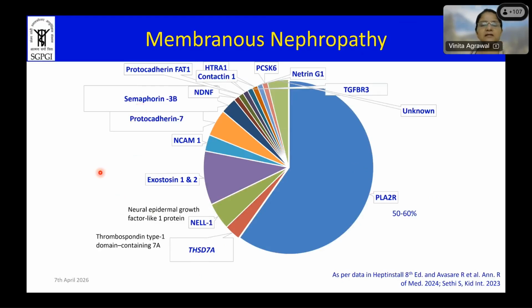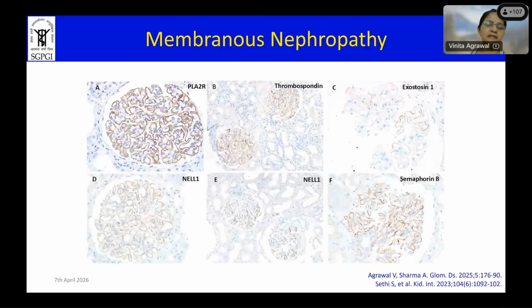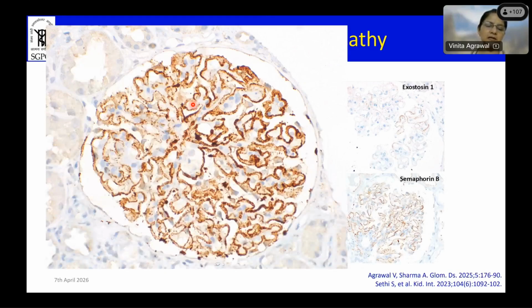So these are some of the antigens which we as pathologists need to look at, especially PLA2R. And this is how immunohistochemistry for these looks. A PLA2R will appear like a granular staining along the glomerular basement membrane. This is in the high power where you see the PLA2R staining along the glomerular basement membrane. Similarly, exostosin, typically seen in lupus nephritis, semaphorin, and so on and so forth.